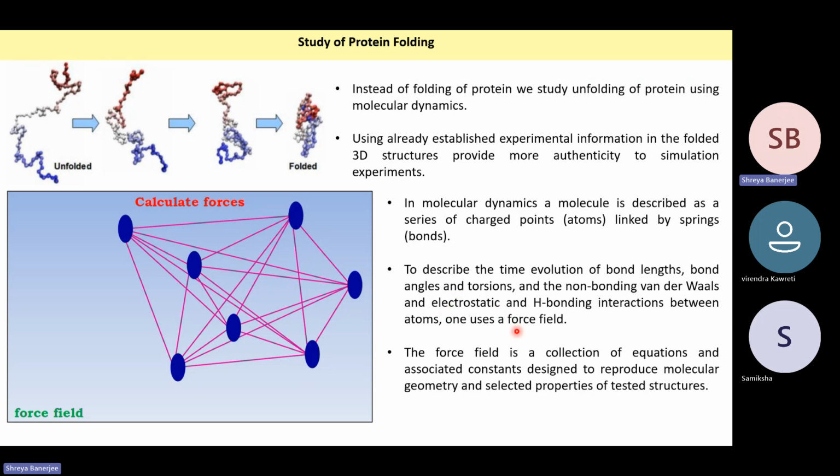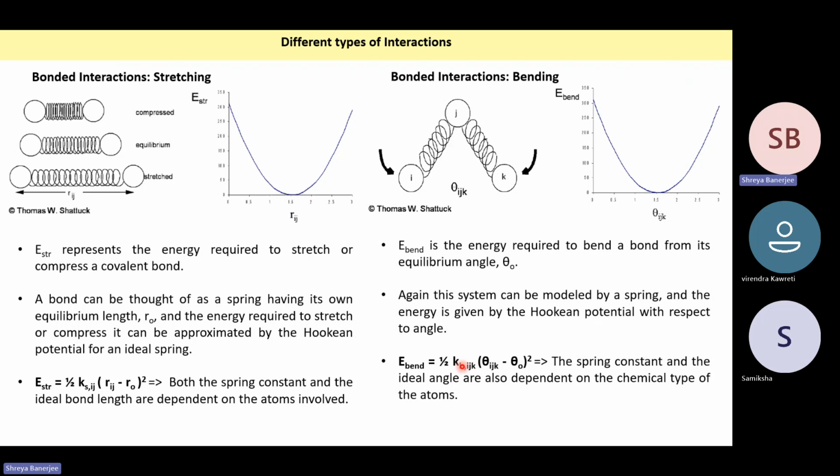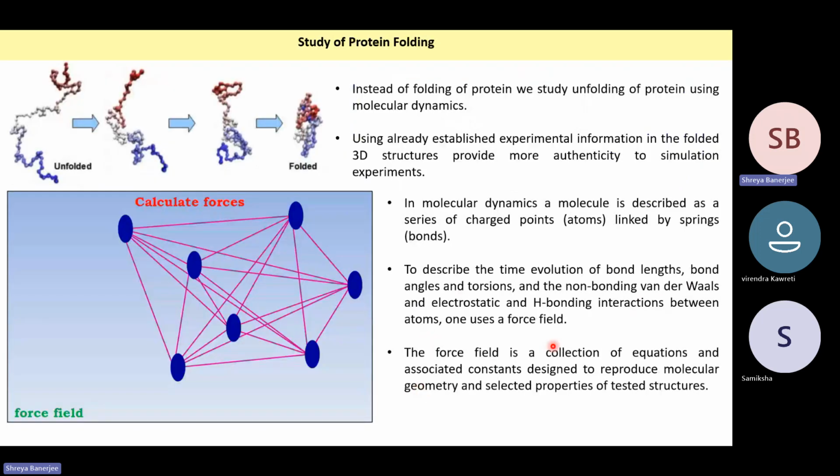And in order to calculate that, a force field is used, which is a collection of equations and associated constants designed to reproduce molecular geometry and selected properties. We'll come into that in a few slides. The force field equations help you calculate the change of position and bond properties as the molecule moves.